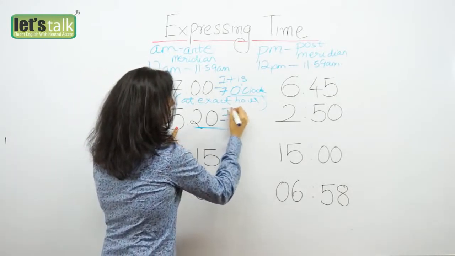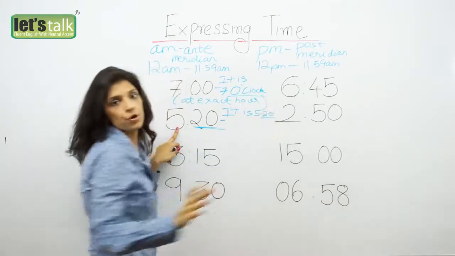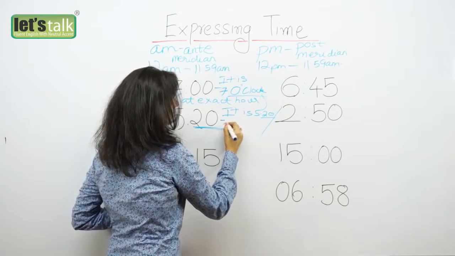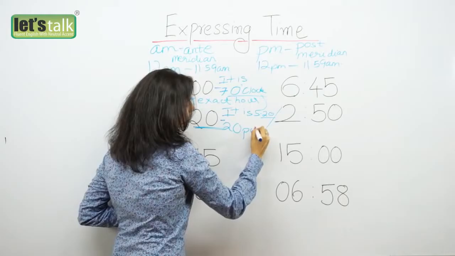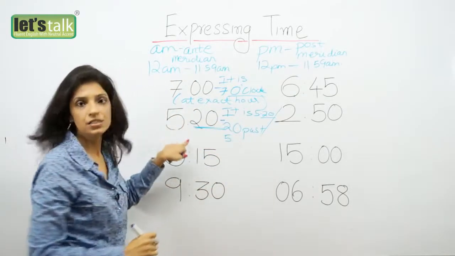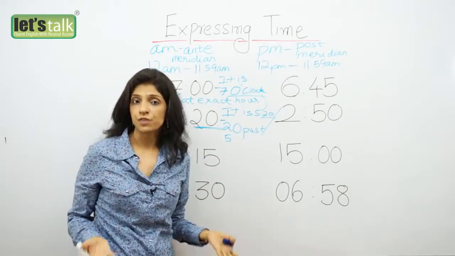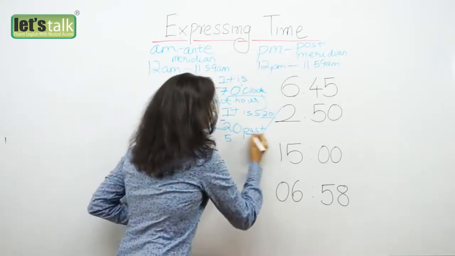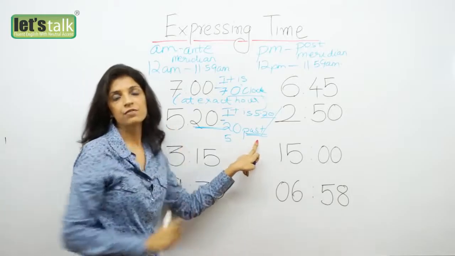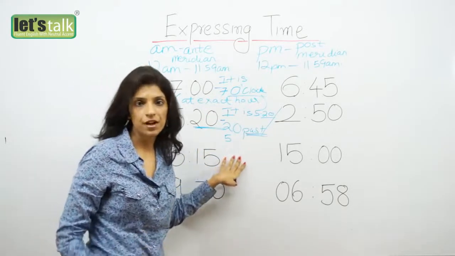So you can say it is 5:20 AM or PM, depends, or you can even say it is 20 past 5. You can say it either way, whatever makes you feel comfortable. But please remember, we use past here because 20 minutes have passed 5 o'clock, right? So you say it is 20 past 5, okay?